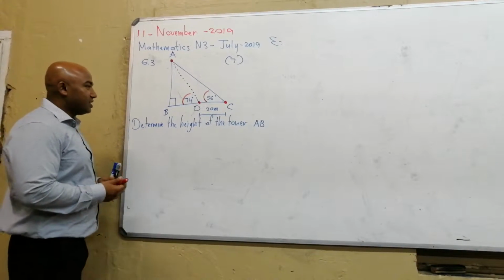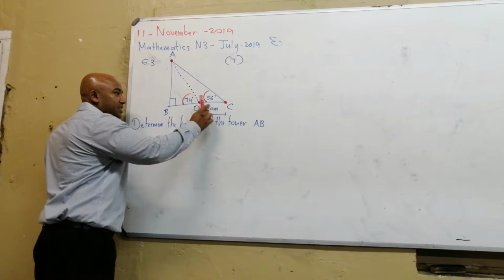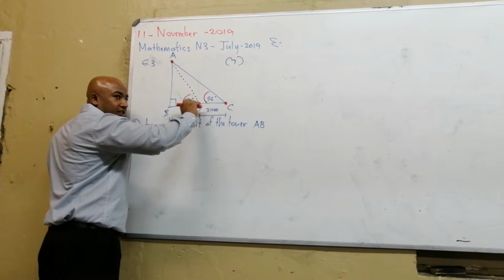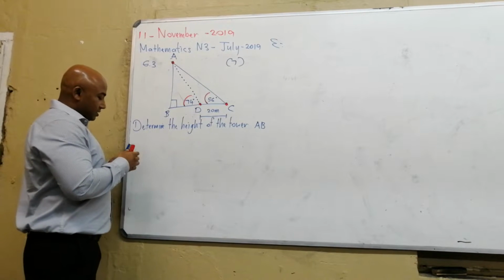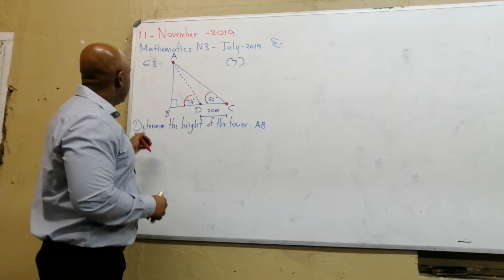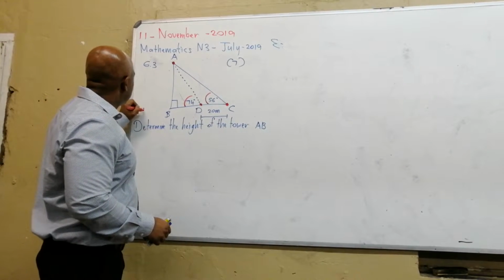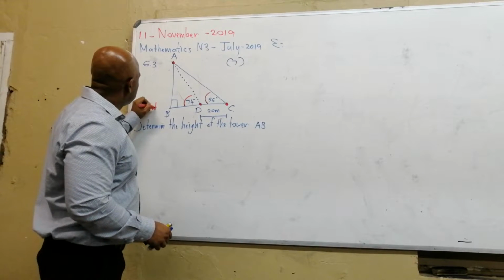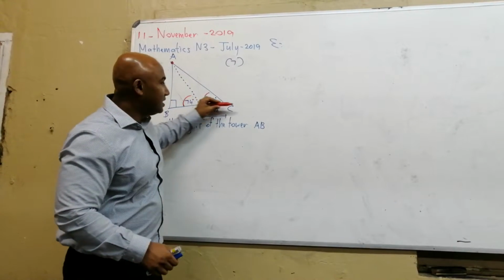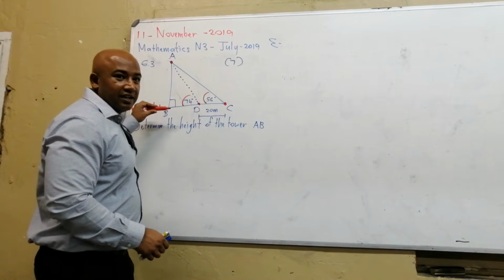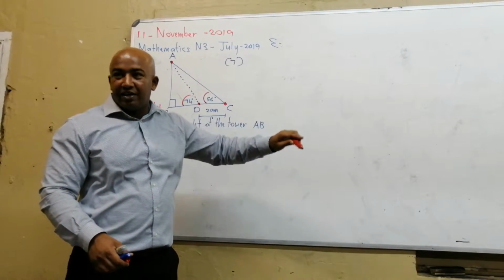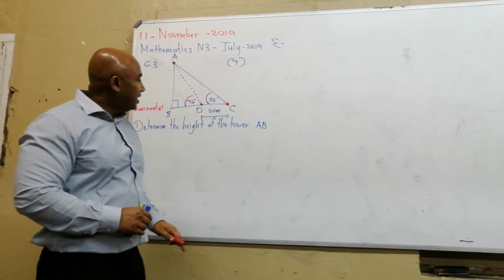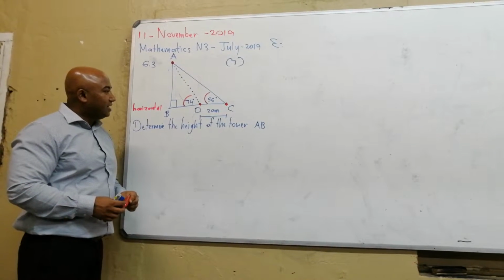What we are told is that B, D and C are on the same horizontal. That means this is a straight line. Okay, they are all on the same horizontal plane. That means this is a straight line.